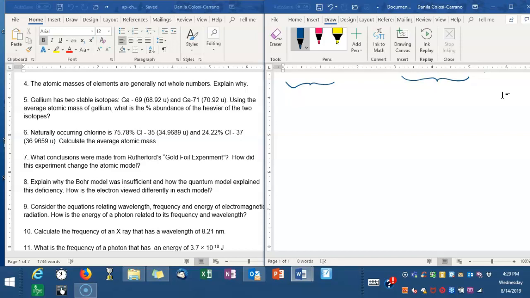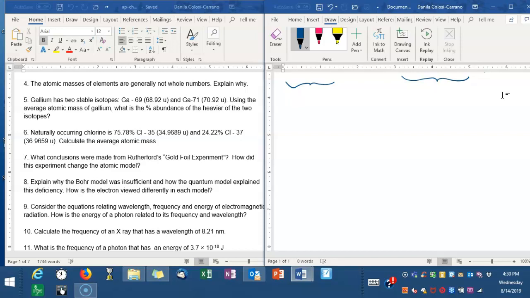For example, if you look at sodium, you have 22.98977, which means they are considering sodium with a mass of 23, sodium with a mass of 24, sodium with a mass of 21. When you average it according to the percentage, you find an average number which has to be a decimal. So that's why the decimal is there, and that is why usually you do not have whole numbers.